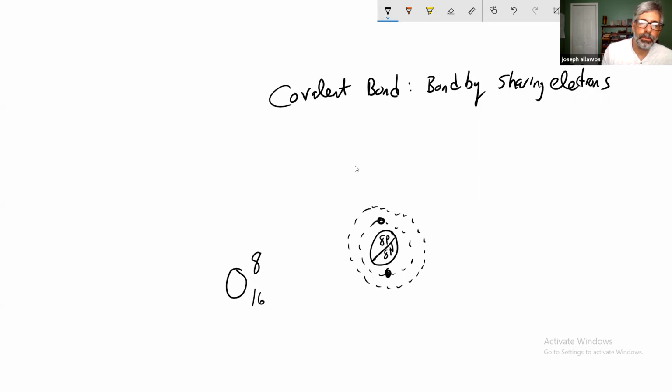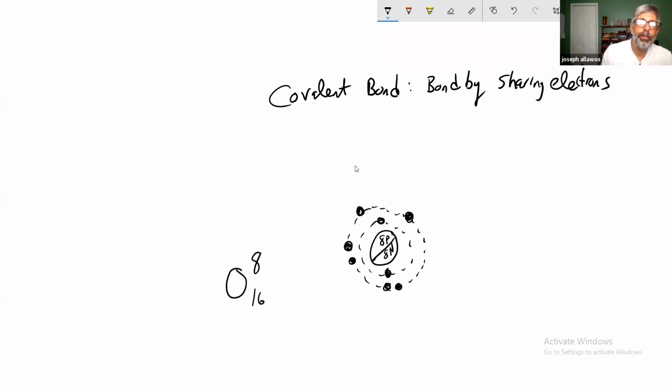So we need another orbital. Is that right? 2, 4, 6, 8. Yeah, there's 8. Okay. So now you look at oxygen and you say, well, it's got 6 in its outer shell. It needs 2 more to be stable, right?